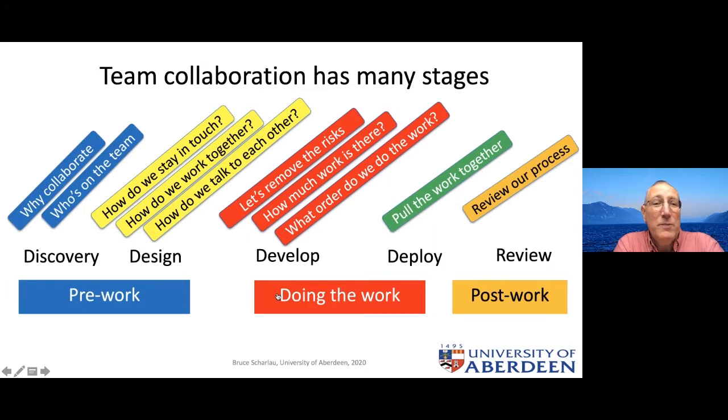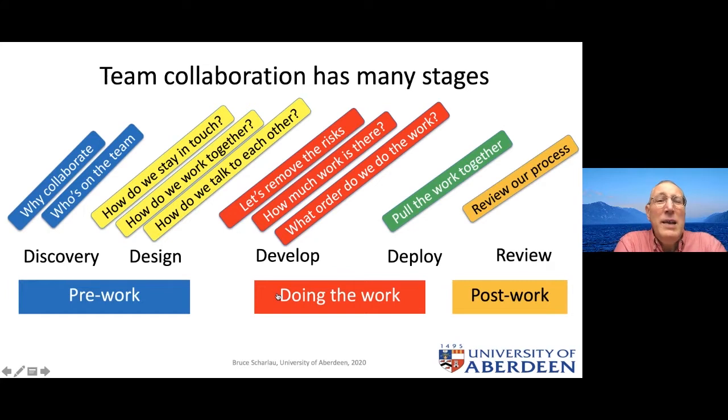But if you think of the other parts, why do we need to collaborate in the first place? What do you get out of it? What do the other people get out of it? You can do more as a team than you can on your own, which leads to the other question of who should be on the team. And we'll come to that part later.